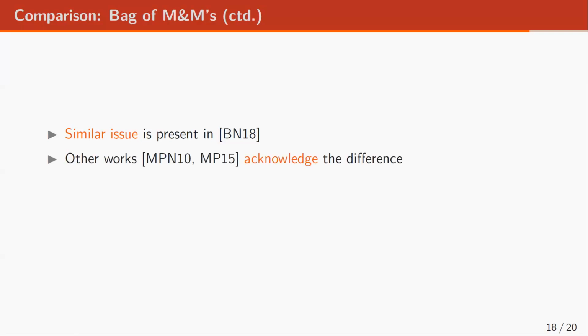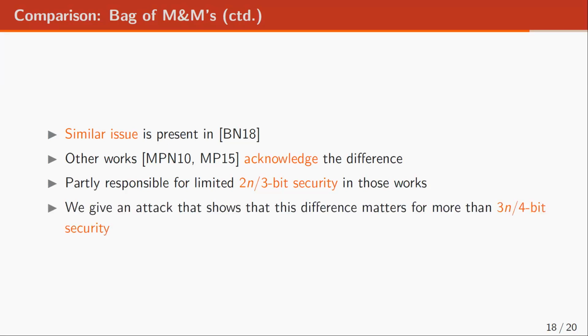The other works do acknowledge this difference between the picky and non-picky simulator, and that is partially responsible for the limited 2n/3 bits of security that they prove, because they want to simplify to the non-picky case, and that comes at a cost. We also show with an attack that it's actually not possible to ignore this problem if you want to prove more than 3n/4 bits of security.